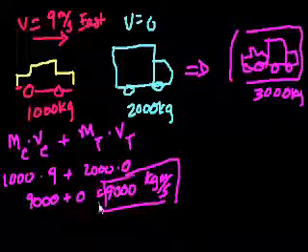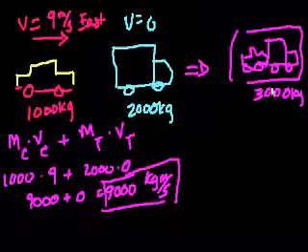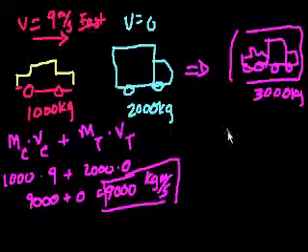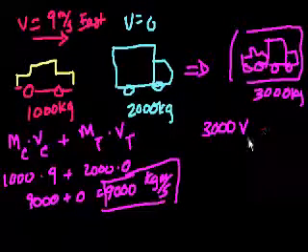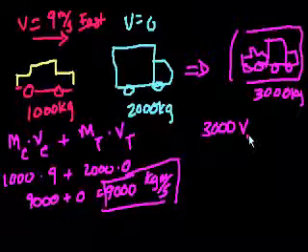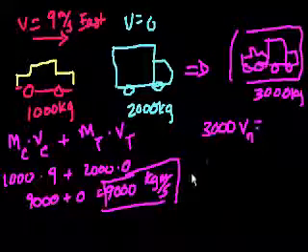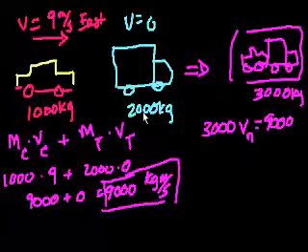So it still has to be 9,000 kilogram meters per second. So once again, mass times velocity. So mass is 3,000 times the new velocity. We could call that, I don't know, new velocity, v sub n. That will equal 9,000, because momentum is conserved.